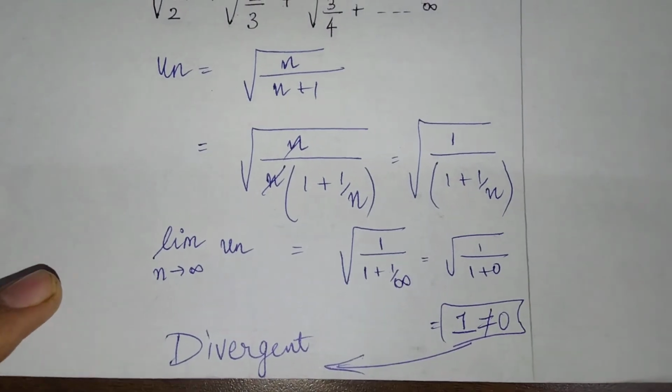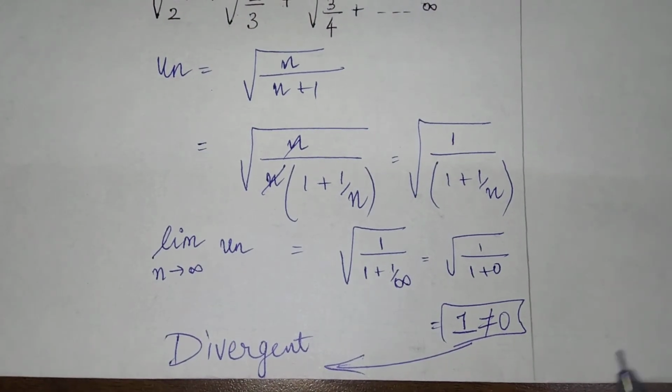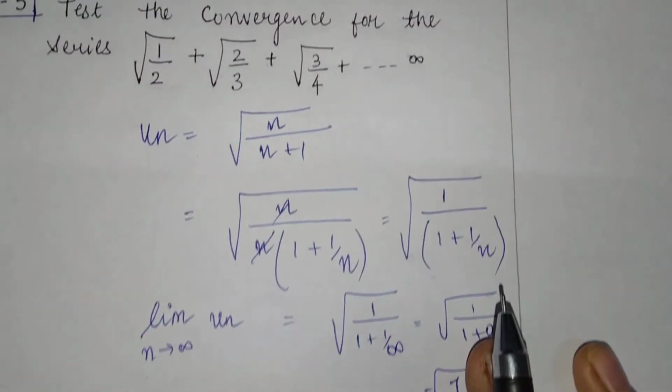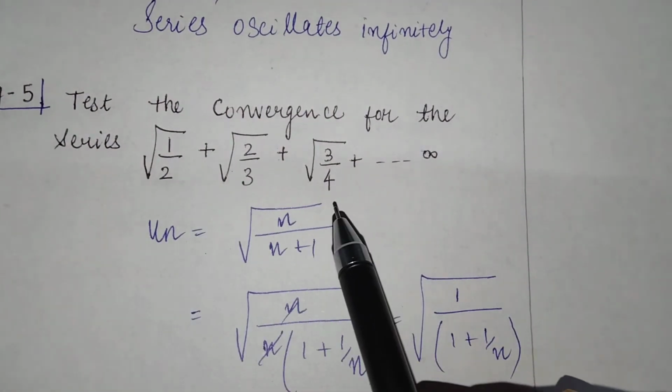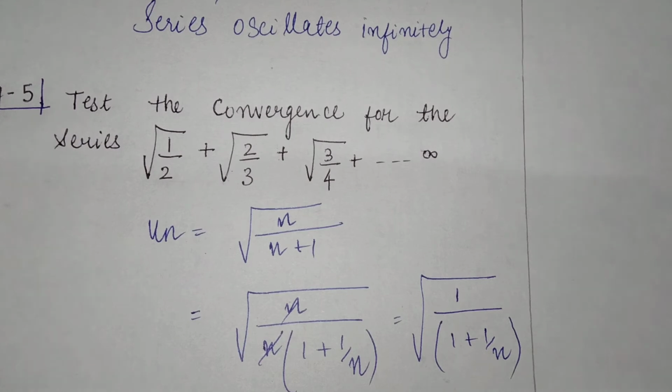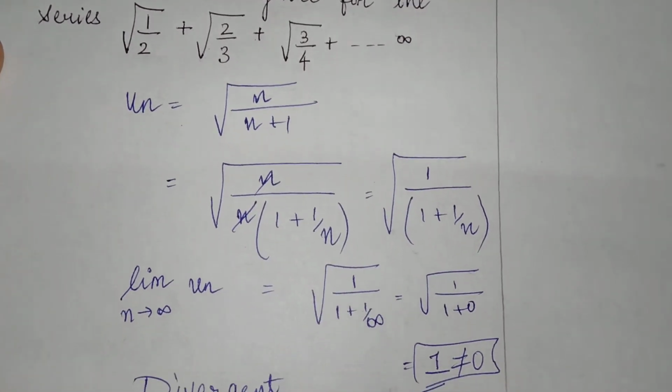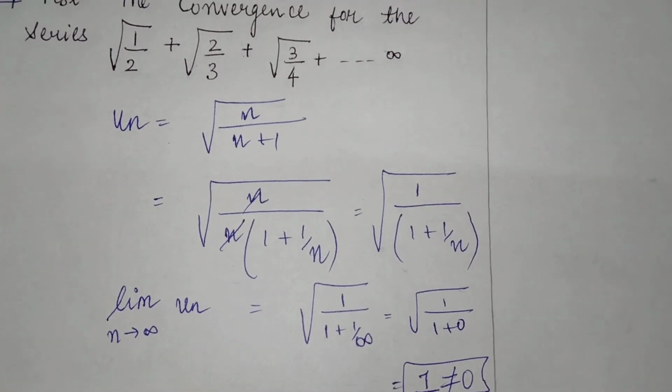According to the nth term test, as the limit is not equal to 0, the answer will be divergent. Okay, this is the sum of the series, and whenever the sum of the positive terms is there, we can apply this test. So we can directly say that as it is not equal to 0, the answer is divergent.